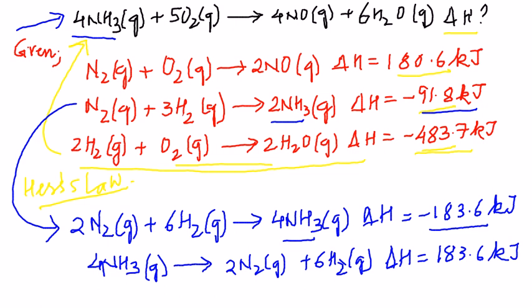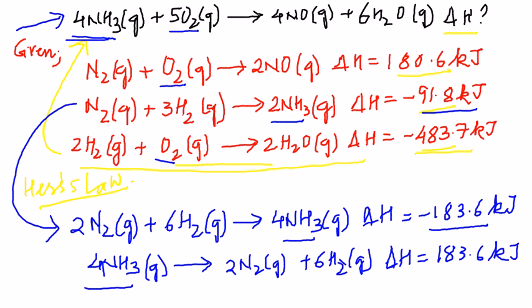Okay, so now we have something set up where the 4NH3 is in exactly the same position as that. Once we've figured out the 4NH3, we want to look at the oxygens, because the oxygen is next on this. If you look, there are 5 oxygens out there, and this equation has 1 oxygen and this has 1.